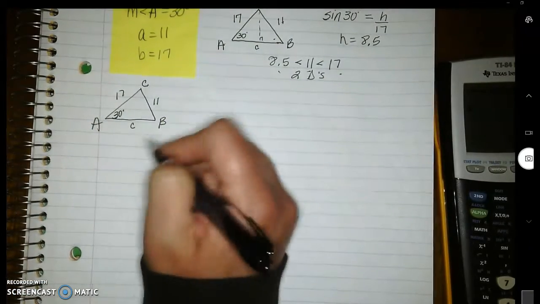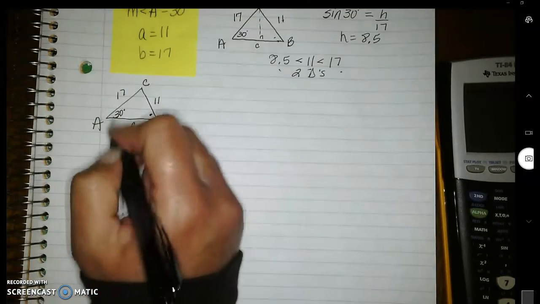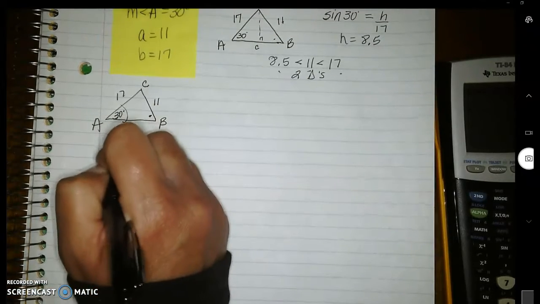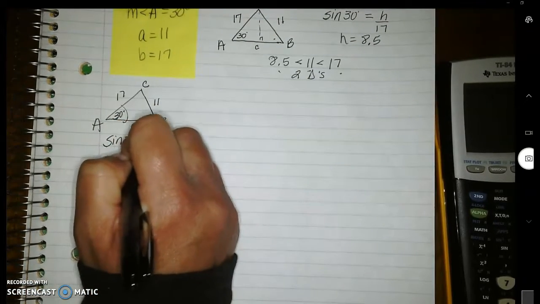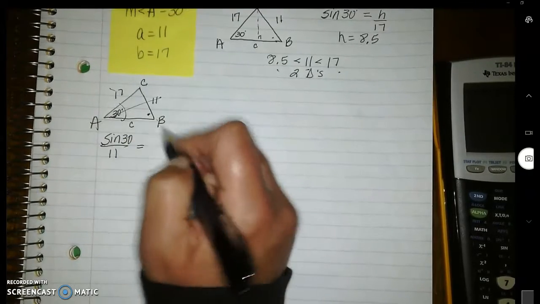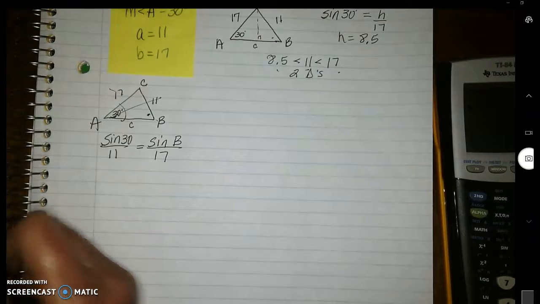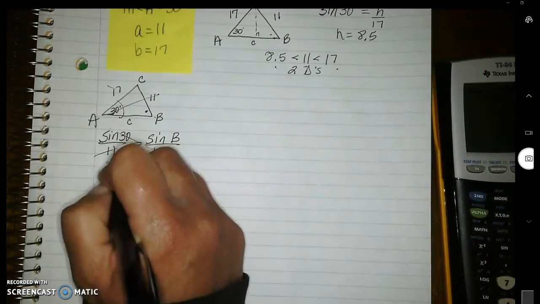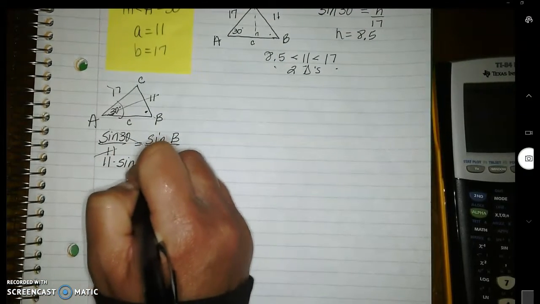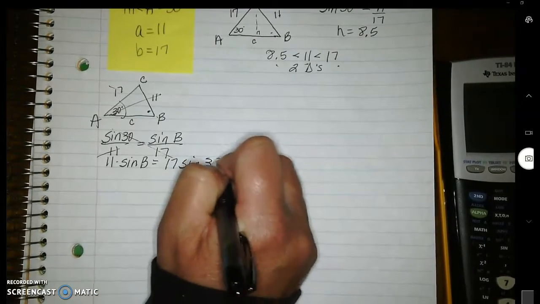So based on the information that I have right here, I can go get angle B. So let's go do that. I'm going to set this up with the sine of 30 over 11 is equal to the sine of B over 17, okay? Do a little bit of cross multiplying, so I get 11 times the sine of B equals 17 sine 30.